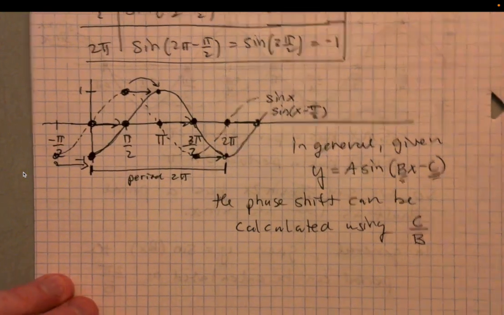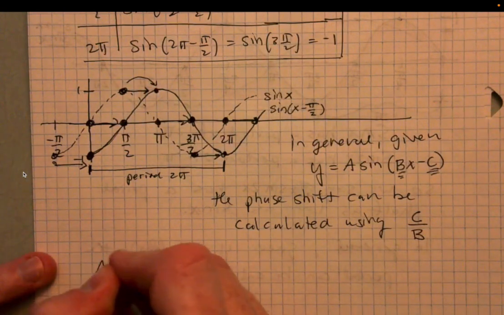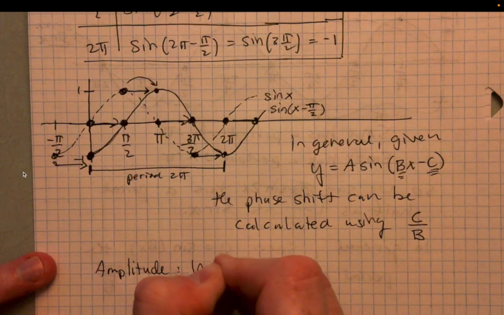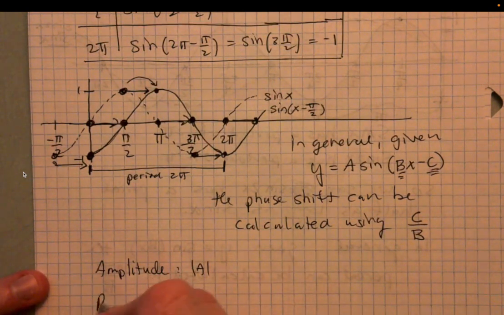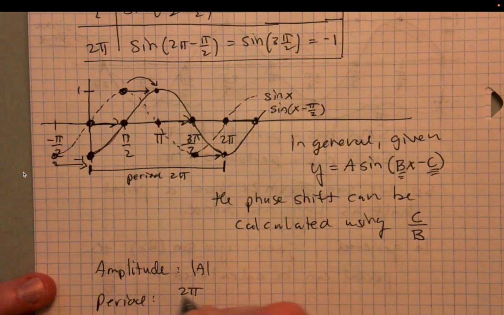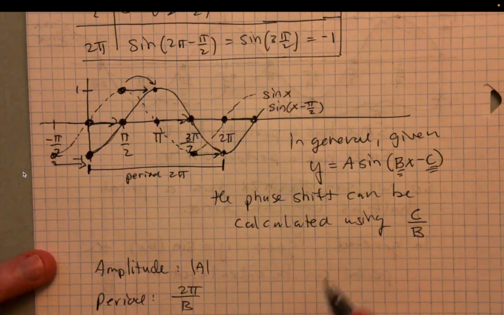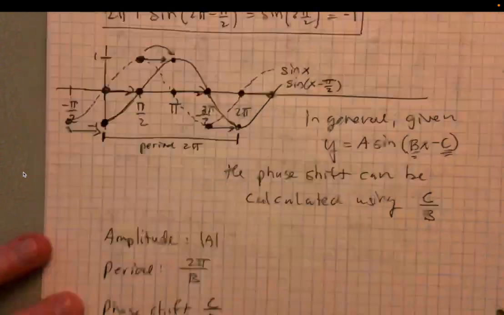All right, so now we know about amplitude, which is the absolute value of a. We know about period, which is 2 pi over b. And we know about the phase shift, which is c over b.